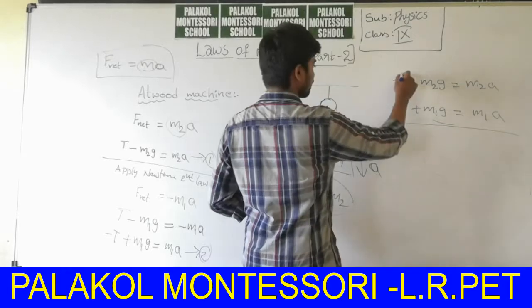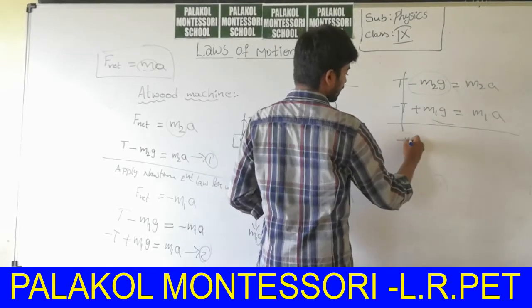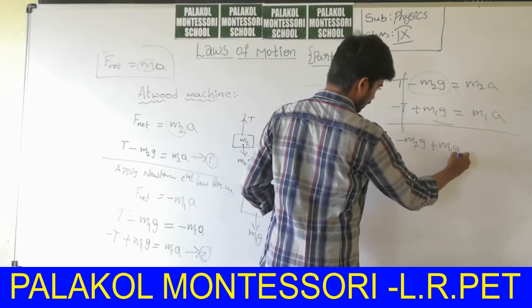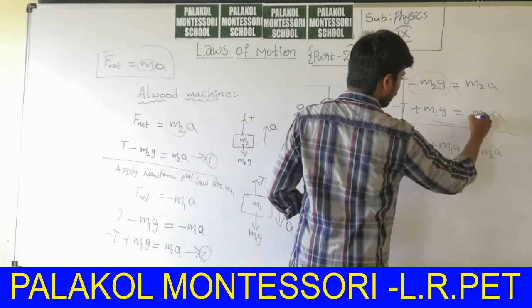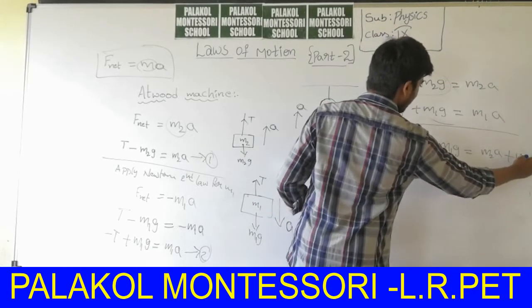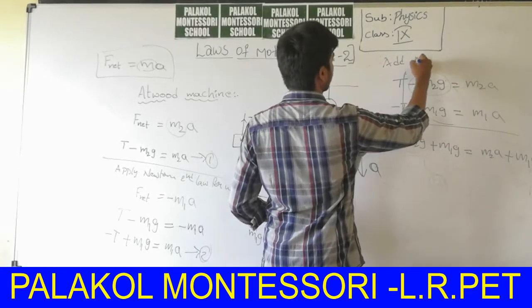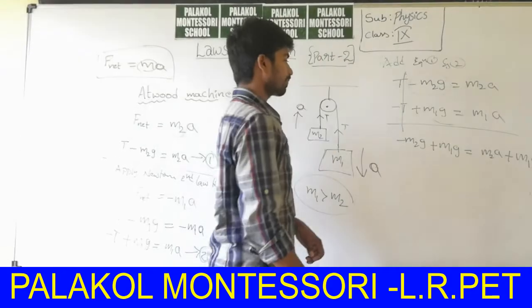Plus T minus T gets cancelled, and what remains is minus m2g plus m1g is equal to m2a plus m1a. I have added equation 1 and 2.